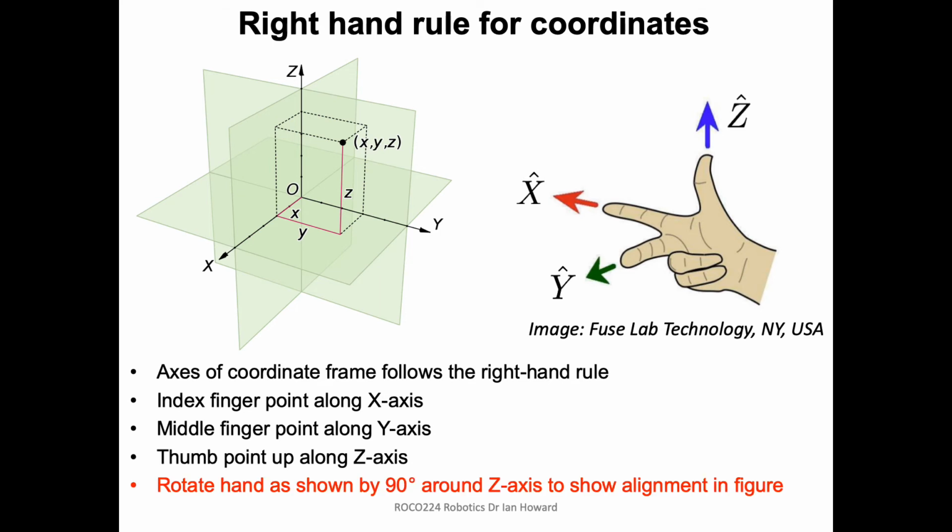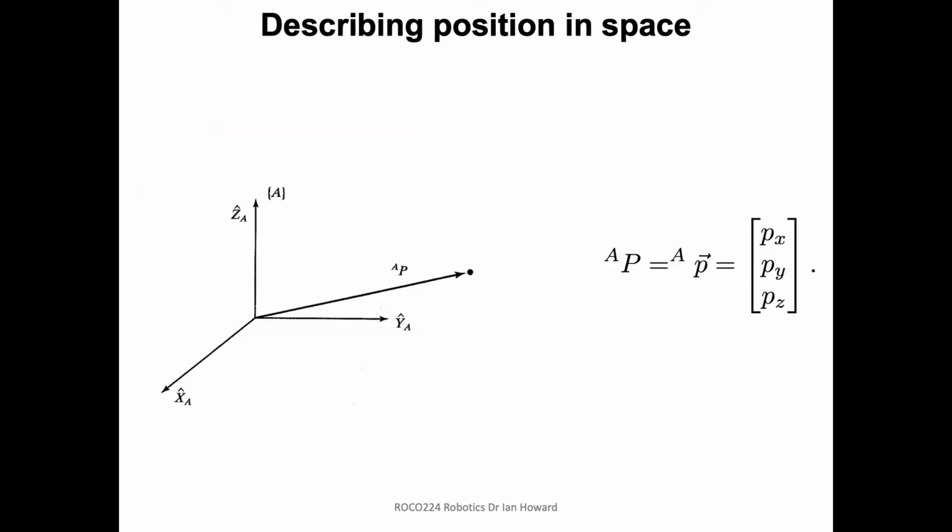You can either use your hand like that, or build a little frame with X, Y, Z written on it with all the angles set at the right values, so that when you're moving it around in space, you don't accidentally flip a direction, in which case you'll end up getting something wrong.